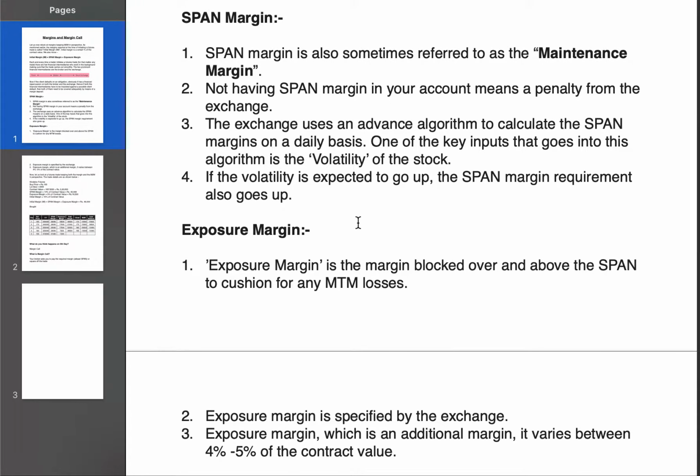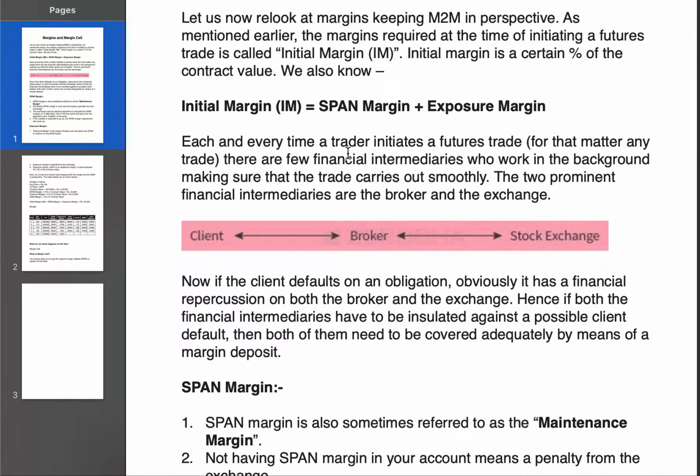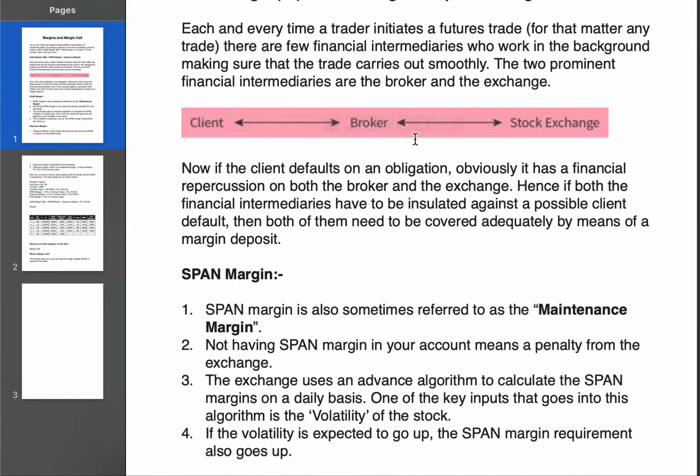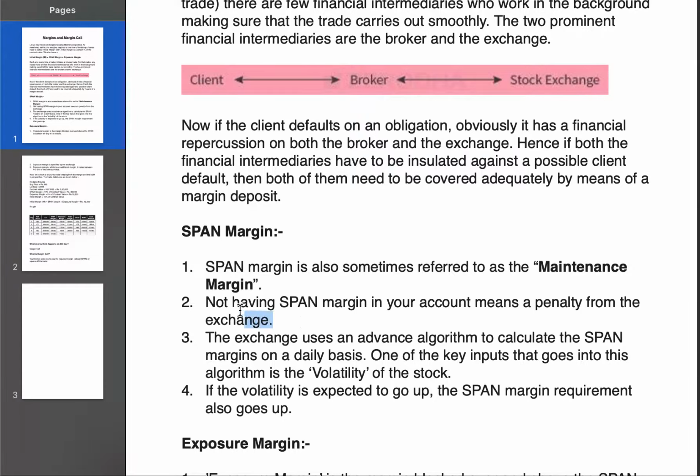Next is exposure margin. Exposure margin is basically a cushion for mark to market losses. So exposure margin is an extra margin paid over the span margin, because if tomorrow the futures price decreases, a client who holds that futures contract might have a margin that is lower than the span margin, and as a result he can attract a penalty from the exchange.